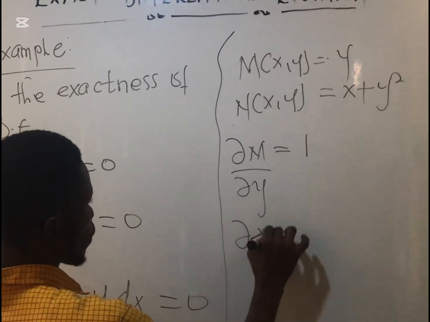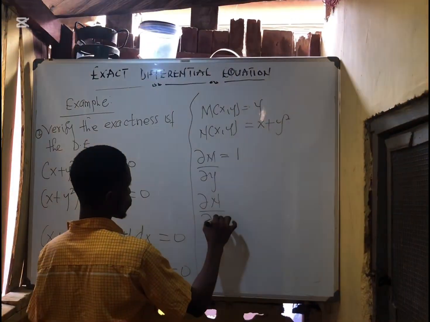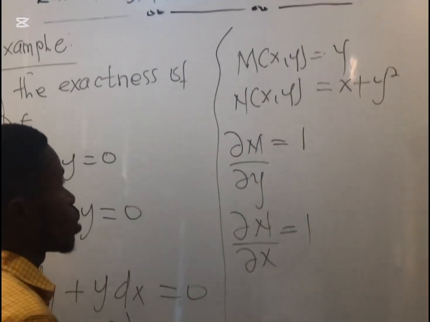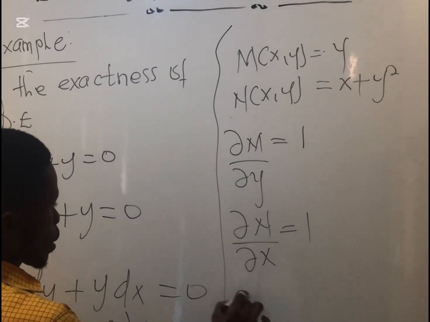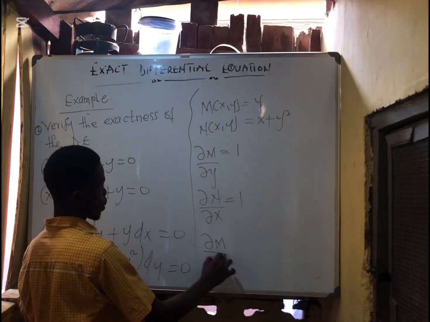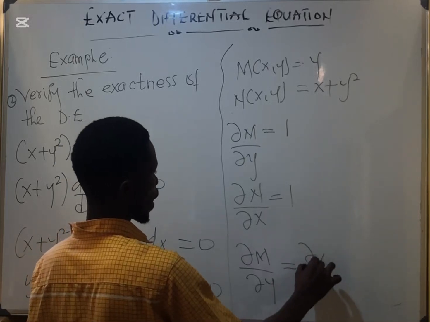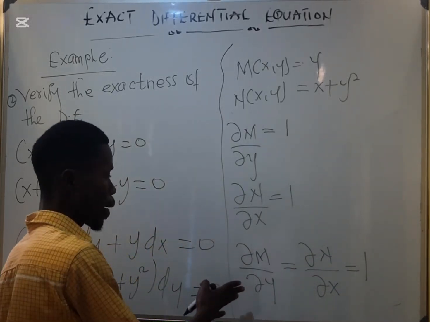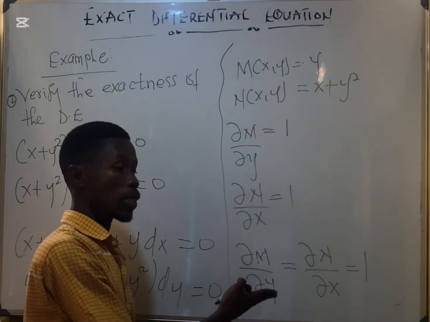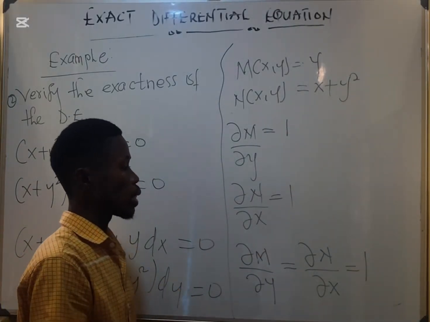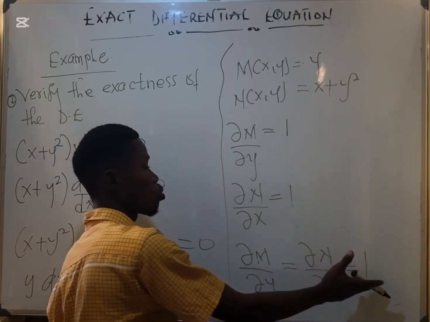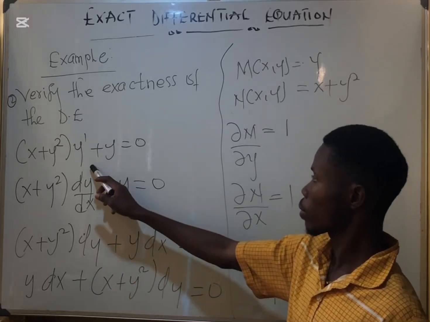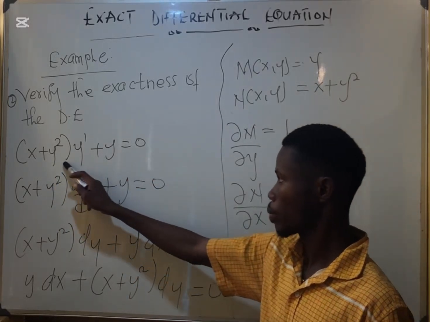Then I'll take the partial derivative of N with respect to x, and that will also give me 1 because the y side goes to zero. Now you realize that delta M delta y is equal to delta N delta x, which is equal to 1. Hence, since the delta M delta y equals delta N delta x, since they are equal or they are all equal to 1, then we can say that this particular question given is exact. Is that okay?